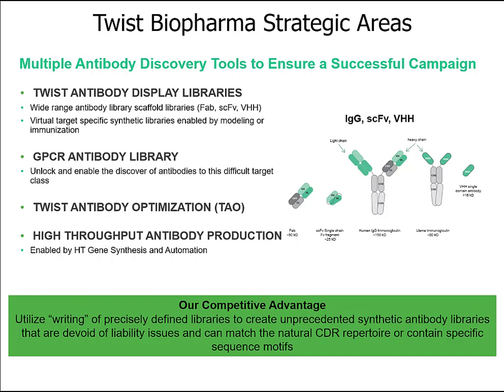And then finally, we're coupling Twist clonal DNA technology to basically take that one step forward and enable pharma and biotech to not only order antibody genes, but also the actual antibody protein that's encoded by those genes.